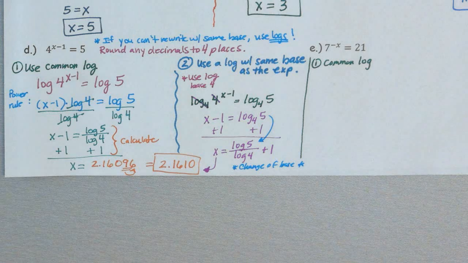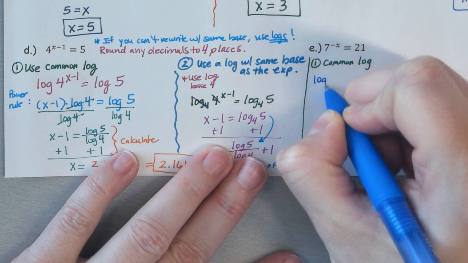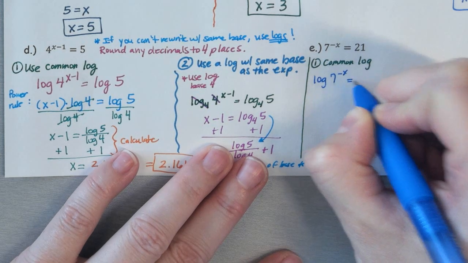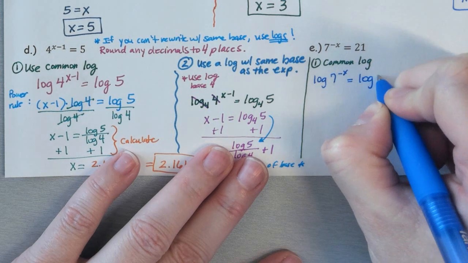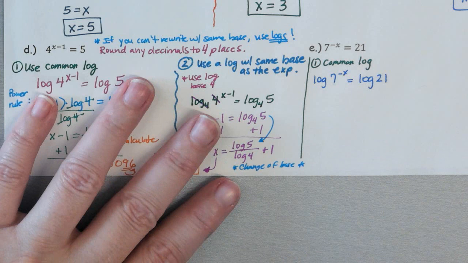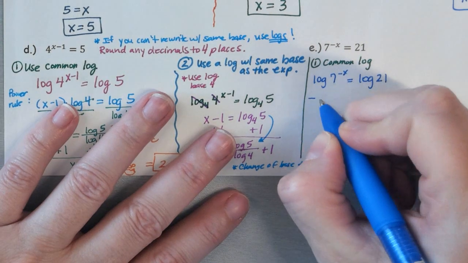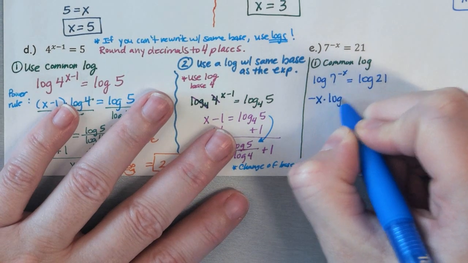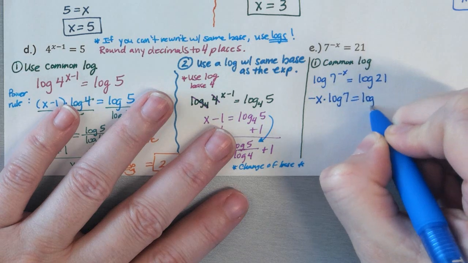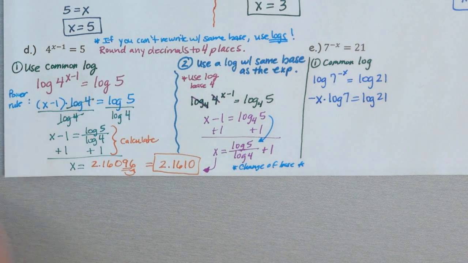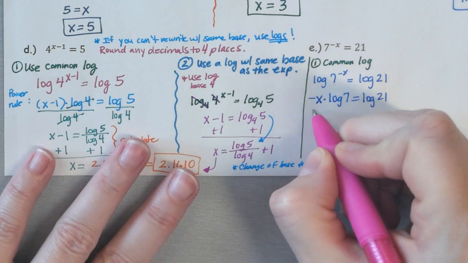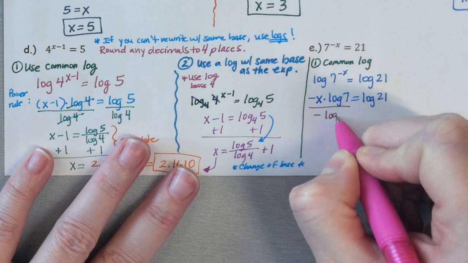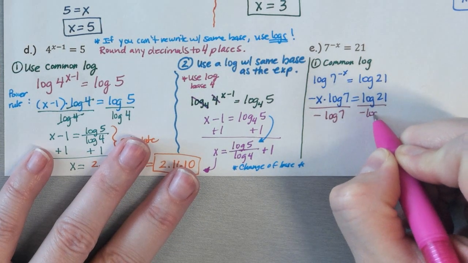So again, when you're taking the common log of both sides, you just have to write that step down. So you have the log of 7 to the negative x equals the log of 21. And then your next step is using the power rule. So you have negative x times the log of 7 equals the log of 21. Now, when you're dividing this time, just divide by negative log of 7.